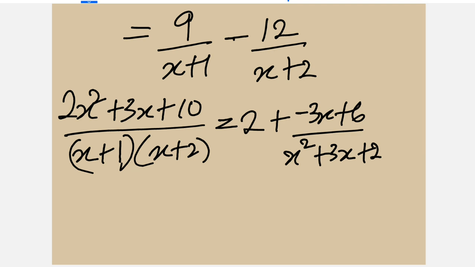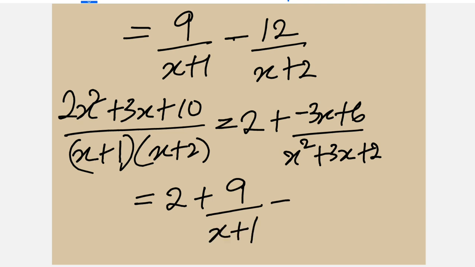So this is what we manipulate to give us 2 plus the expansion of this, which is now our final answer: 9 over x plus 1 minus 12 over x plus 2.